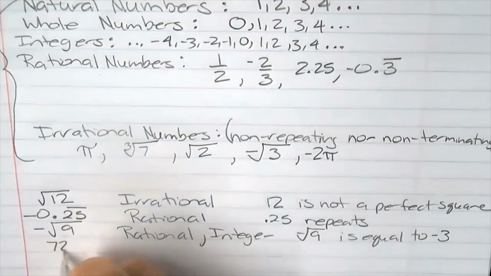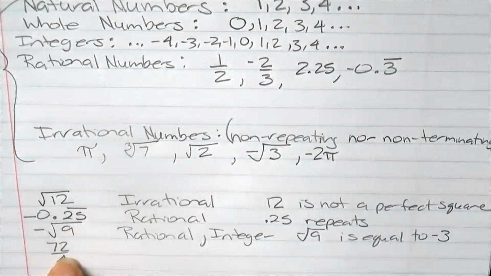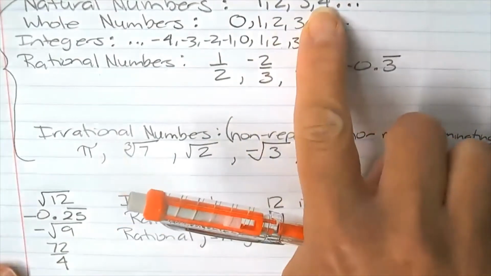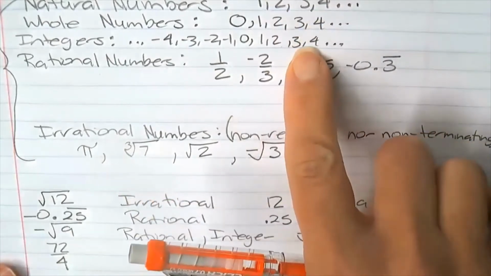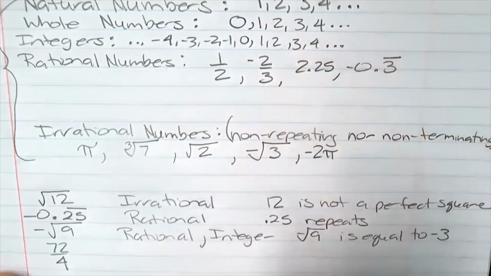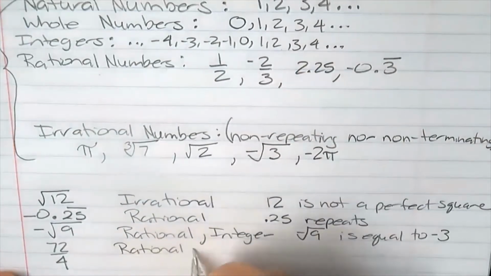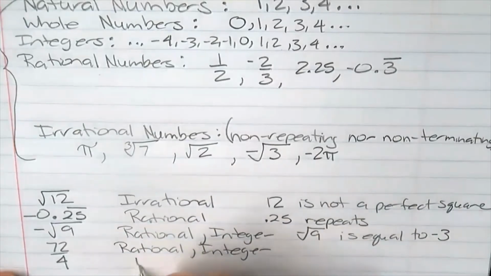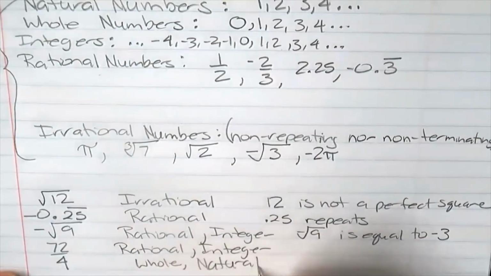Next, they give us 72 over 4. 72 fourths. Well, 72 divided by 4 is 18. So 18 falls right here under natural numbers and whole numbers and integers and rational numbers. So this is rational and an integer and a whole number and a natural number.